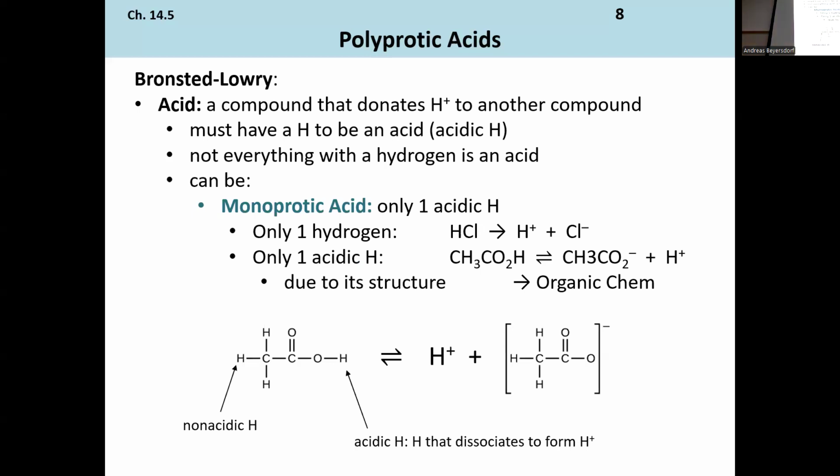This only has one acidic hydrogen, so it only loses one. This is due to its structure. Again, you don't need to know why, you'll learn about it later. These hydrogens here are not acidic. So monoprotic means one proton, so it produces one H+.